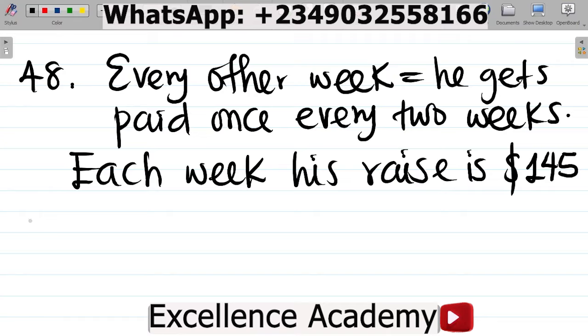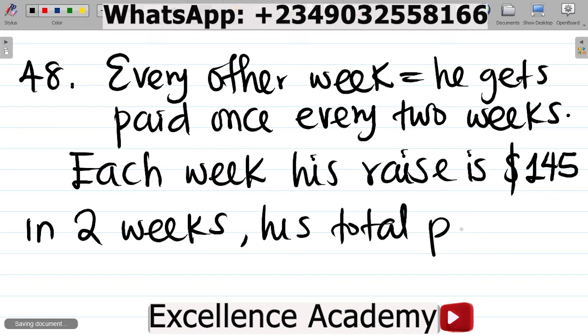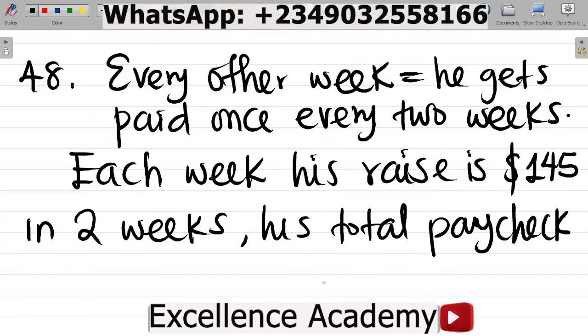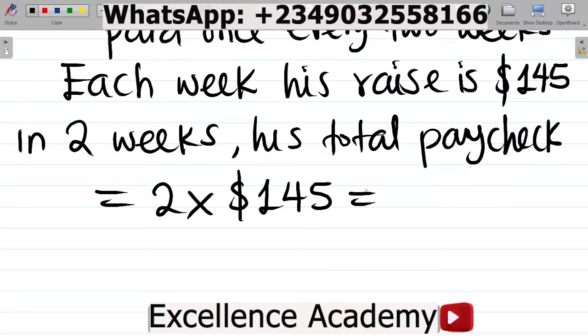Now, in 2 weeks, his total paycheck would simply become 2 times this amount, 2 times his pay, which is 145. 2 times 145 gives you $290.